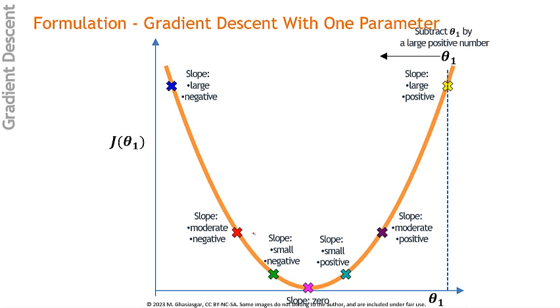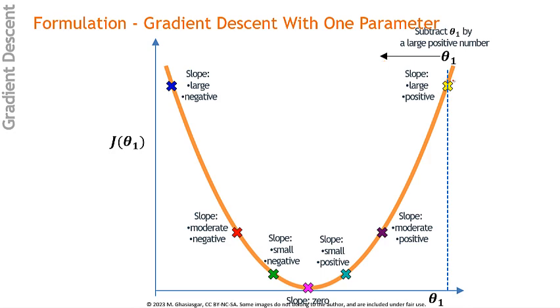Now, I mentioned that the size of the slope indicates something about the size of the step. In this case, because the slope is large and positive, I expect that I can take a relatively large step and still be going negative. Why is that?